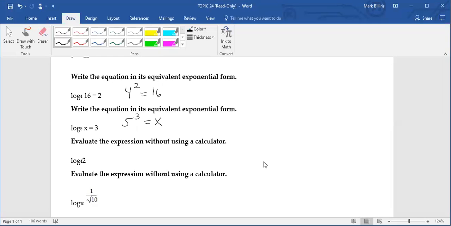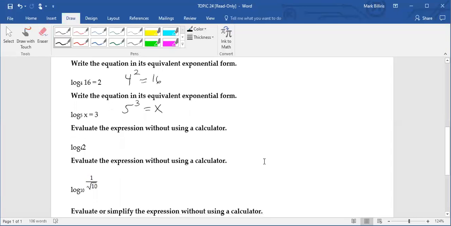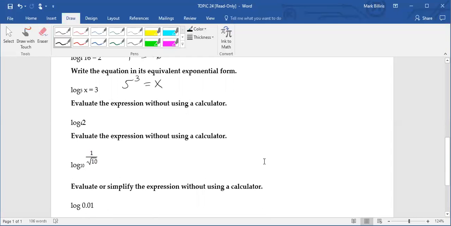Our next example, evaluate the expression without using the calculator. There's a couple different ways to do it. So what we're going to do is change them so that they have the same base. So here we have 4 raised to, and that's what we're looking for, x will equal 2. So right now these aren't the same base, but I can rewrite 4 as 2 to the second power.